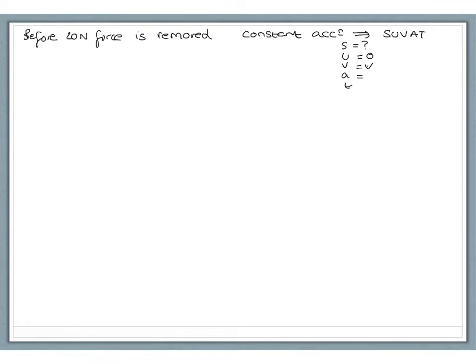The acceleration is 2.353... from previously, and the time is 2 seconds because it travels for 2 seconds before the 20 Newton force is removed. Let's cross out this, because actually what we're going to use is v equals u plus at.